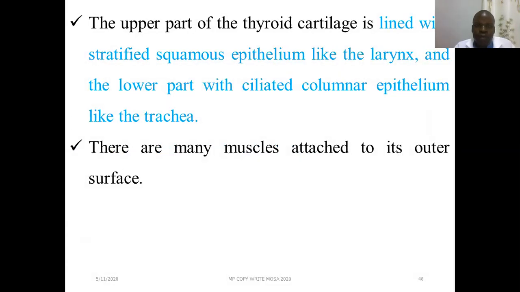The upper part of the thyroid cartilage is lined with stratified squamous epithelium like the laryngopharynx, and the lower part with ciliated columnar epithelium like the trachea, so that it is able to trap the dust that can cause upper respiratory tract infections. There are many muscles attached to its outer surface.